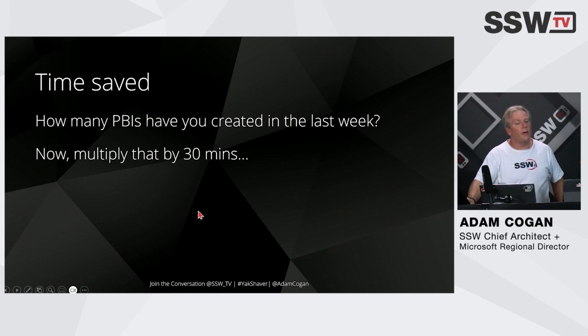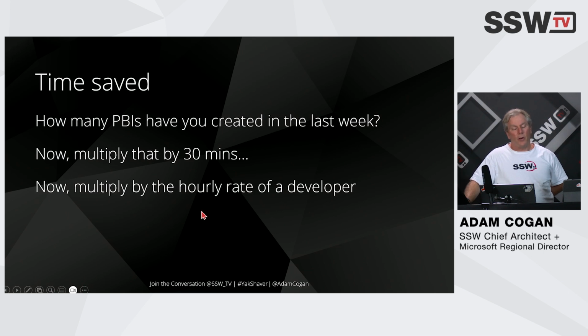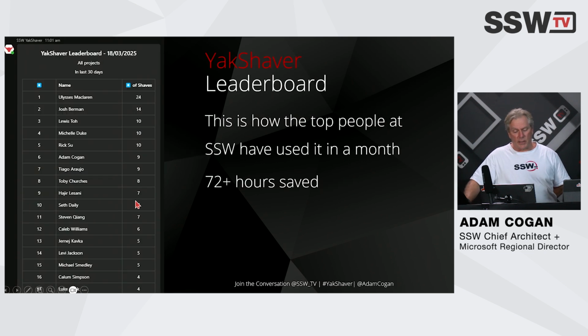If you multiply that by 30 minutes each, a chunk of your week went. Now, multiply that by the hourly rate of a developer, okay? Developers come in all shapes and sizes and price ranges. Some are hundreds and hundreds of dollars and some on Upwork $50 an hour. So I'm going to say, let's say it's $100 an hour.